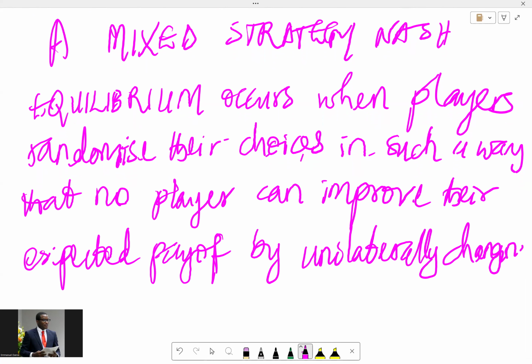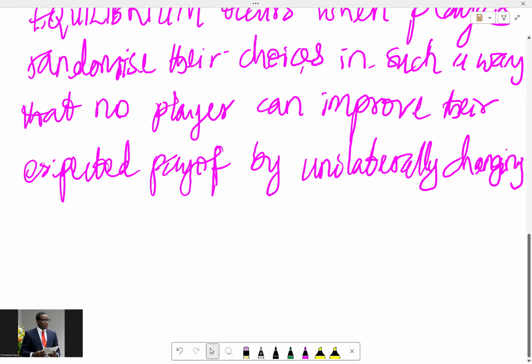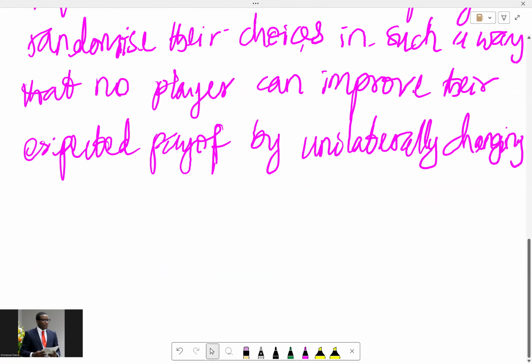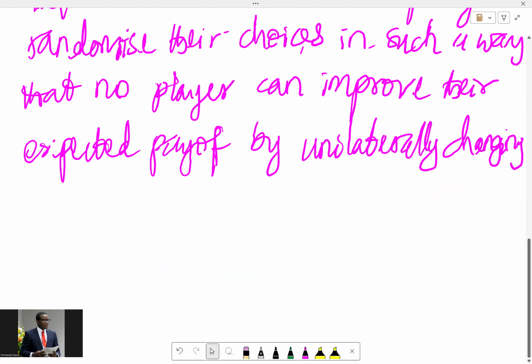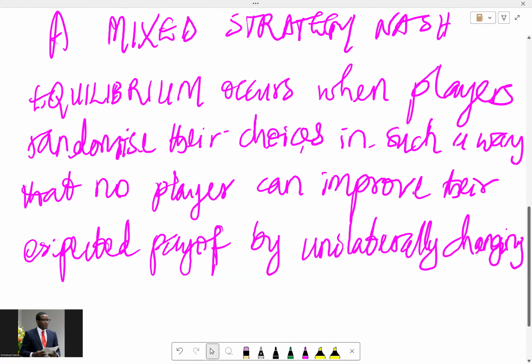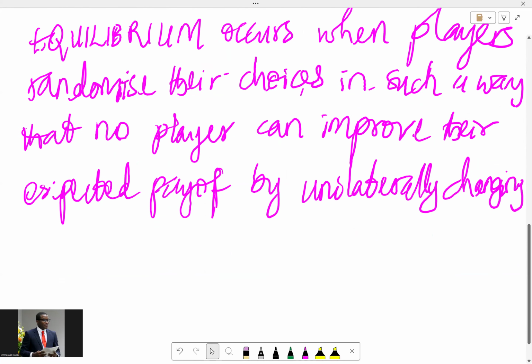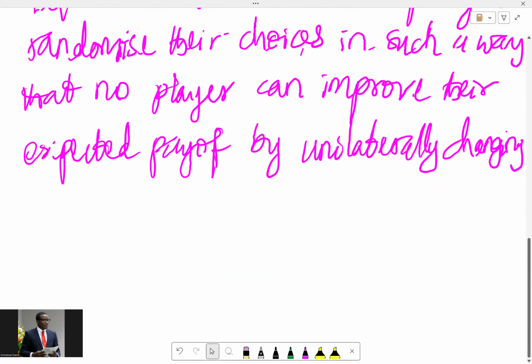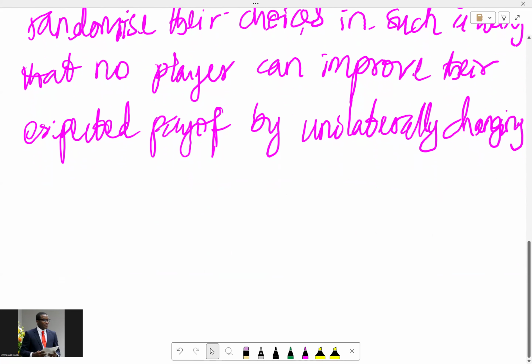In the previous video, I actually listed the steps we need to follow to reach mixed strategy Nash equilibrium. So, a mixed strategy Nash equilibrium occurs when players randomize their choices in such a way that no player can improve their expected payoff by unilaterally changing their strategy.